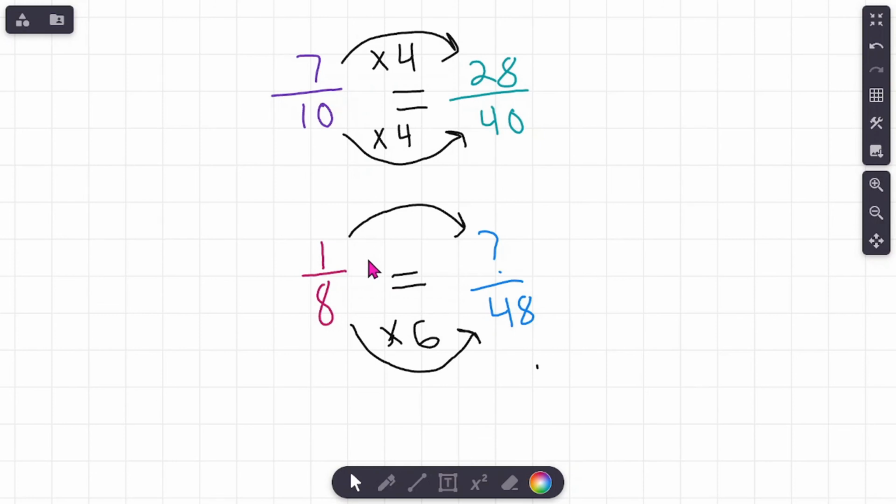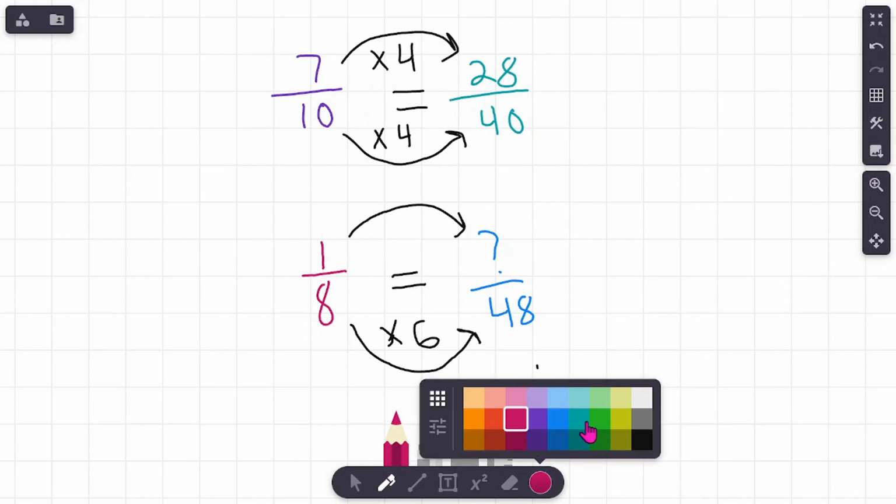Well, the reason I draw this in here and I write it where I can see it is because I already know. This is like a cheat sheet for Mr. C. This cheat sheet here lets me see what I already did. I multiplied the denominator by 6. Well, that's the same exact thing I'm going to do to the numerator, y'all.